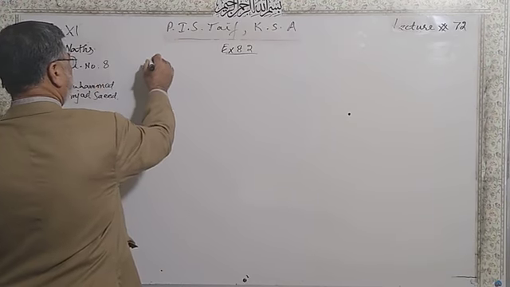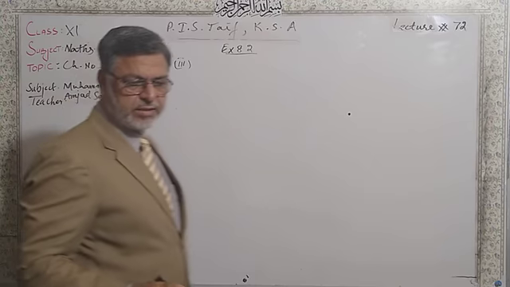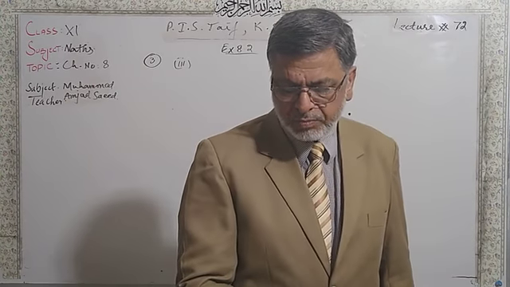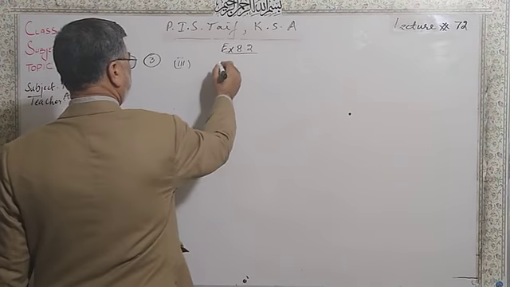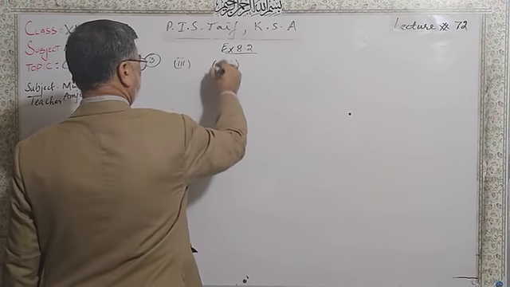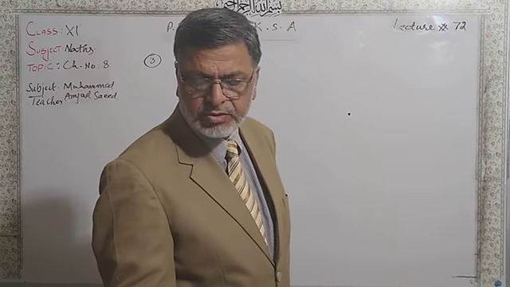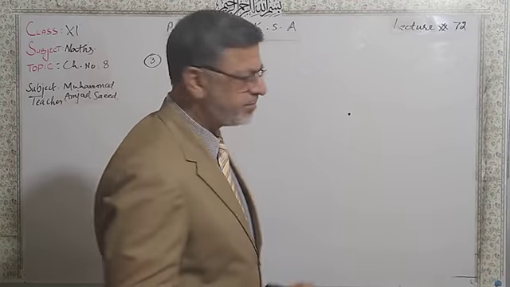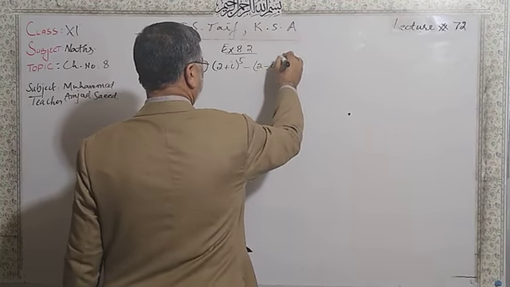Question number 3, part number 3. This is (2 plus iota) power 5 minus (2 minus iota) power 5.